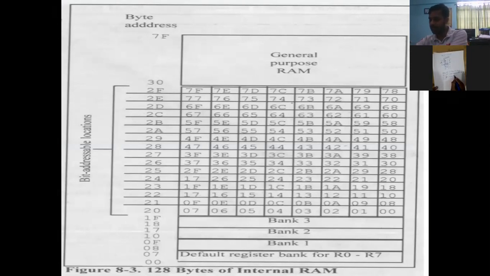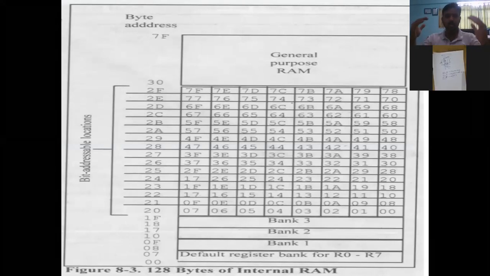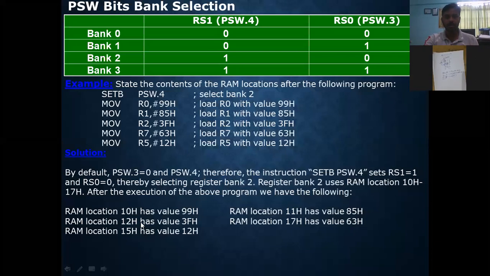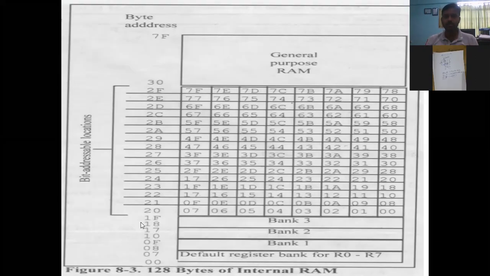There is again the general purpose RAM or GPR, that is 30 to 7F. The 00 to 1F, you can see in the figure, is used for the selection of the bank registers.